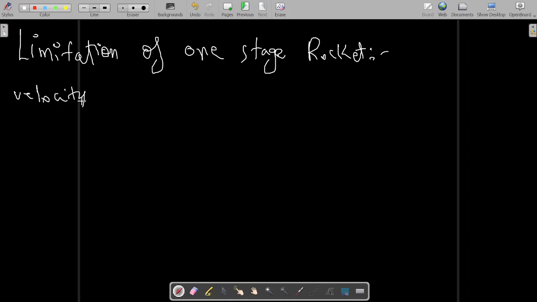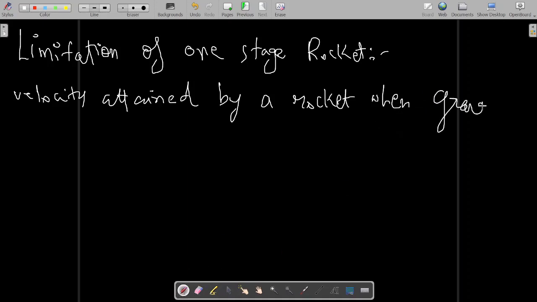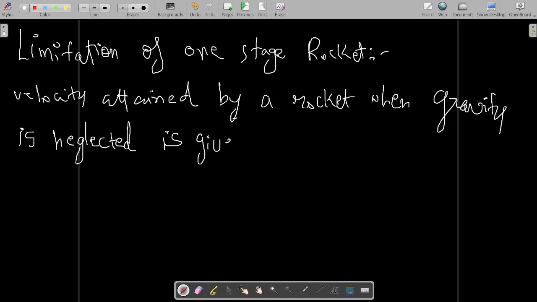Velocity attained by a rocket when gravity is neglected is given by, so when the equation of rocket you will write. We are talking about the limitation of 1-stage rocket.